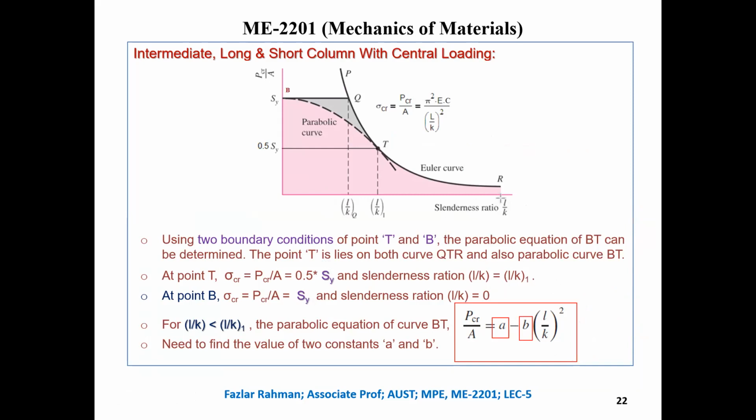When L by K is 0, stress equals sigma Y. So A equals sigma Y, you already get it by applying this condition. And we'll apply the second condition, that L by K equals L by K1 and stress is this much. So let's see.